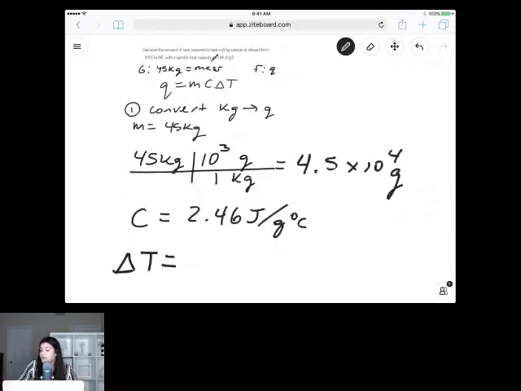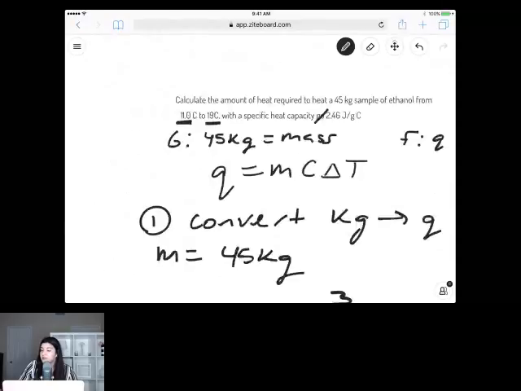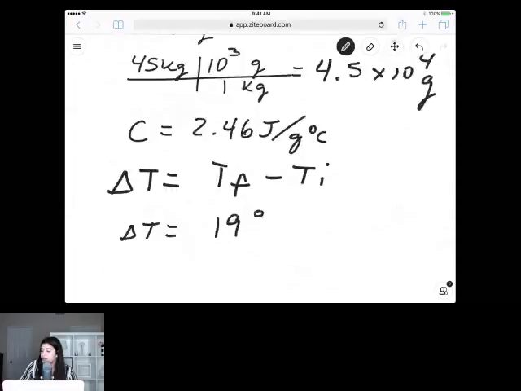So I said that was final minus initial for our temperature. Our final is always what we end with, right? So 19 is our final, minus 11 would be our initial. So our change in temperature is that 19 degrees Celsius minus 11 degrees Celsius, giving us a change of 8 degrees Celsius. So now that we have everything, we just plug in.